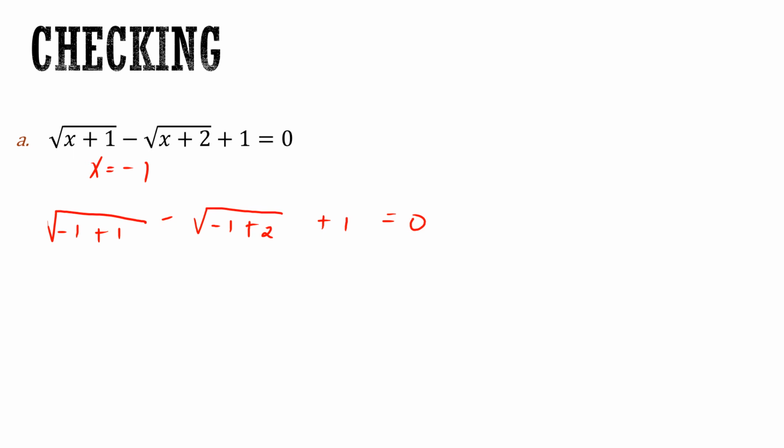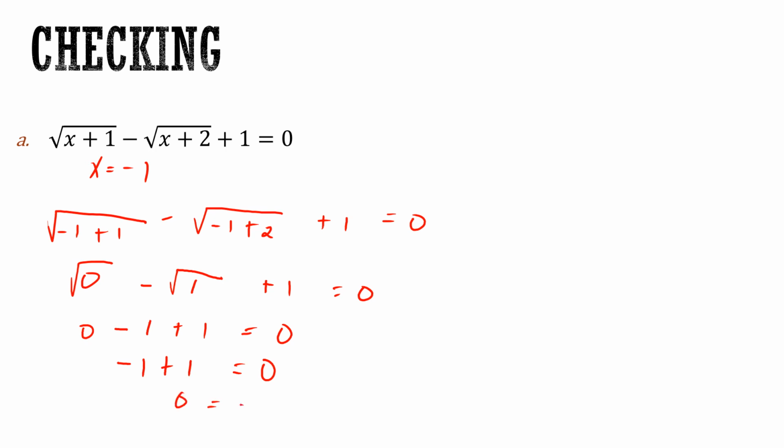Negative 1 plus 1 is 0, and negative 1 plus 2 is positive 1. So square root of 0 is 0, minus square root of 1 is 1, plus 1 equals 0. 0 minus 1 is negative 1, plus 1 is 0, so 0 equals 0.